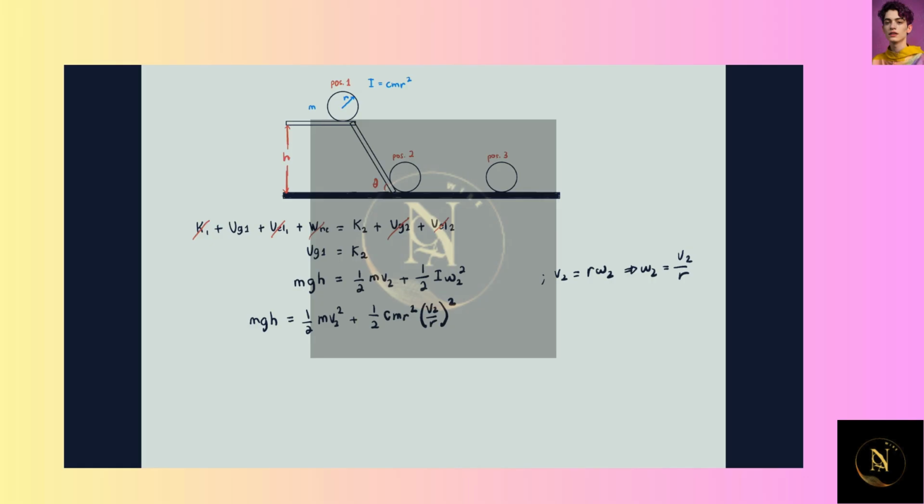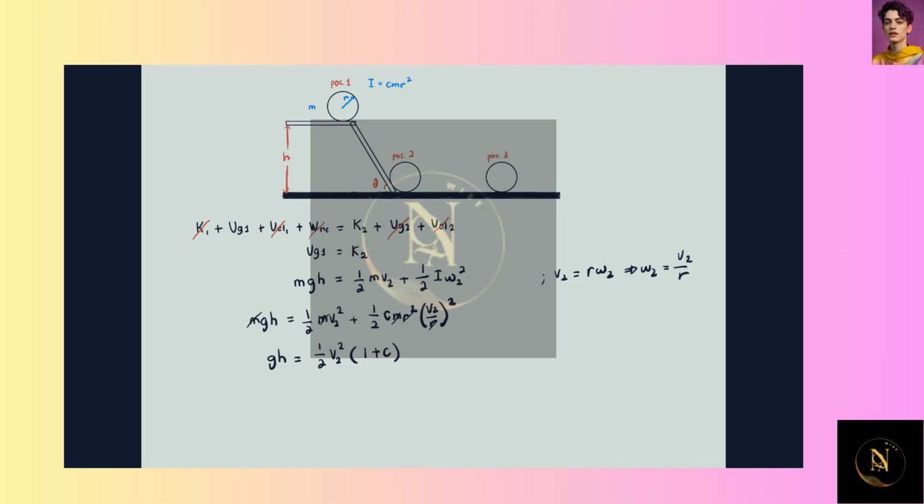We can cancel out the masses on both sides, and the radius squared, so we'll be left with gh equals 1/2 v sub 2 squared times 1 plus c.